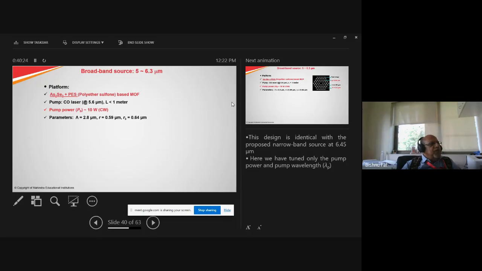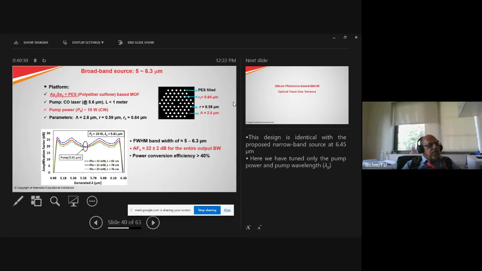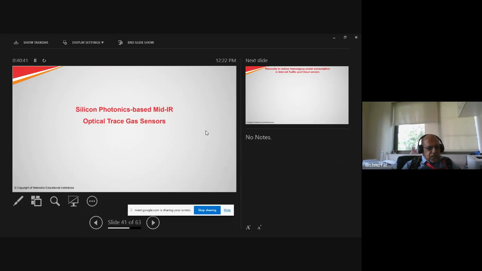We also got another 5 to 6.3 micrometer broadband source, as shown here, with a power conversion efficiency of about 40%. So these are some of our works on exciting nonlinear effects in microstructure chalcogenide fibers to realize an all-fiber light source in the mid-infrared region.